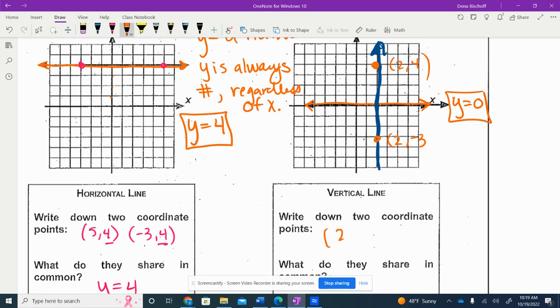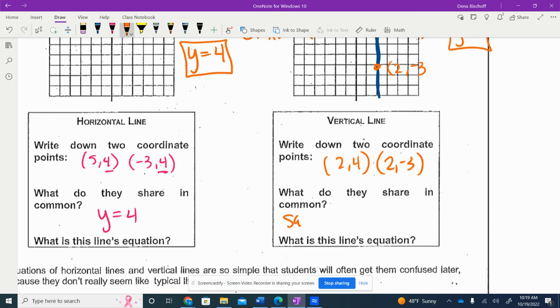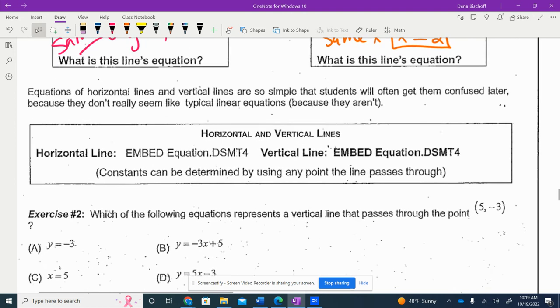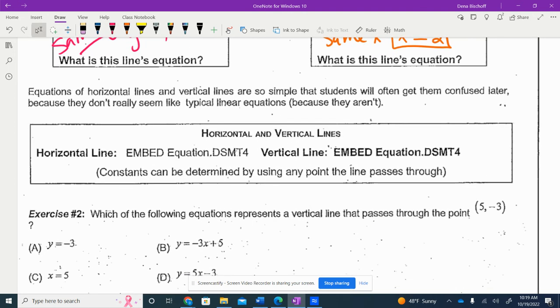When I write down these 2 points, what do they have in common? They have the same x, which means that the equation is x equals 2. Over here, you remember that they had the same y.